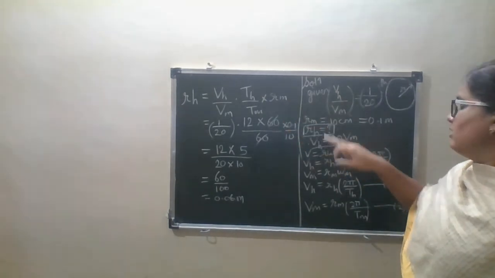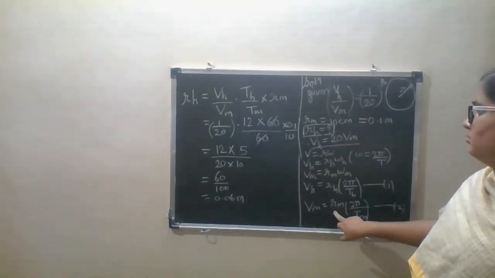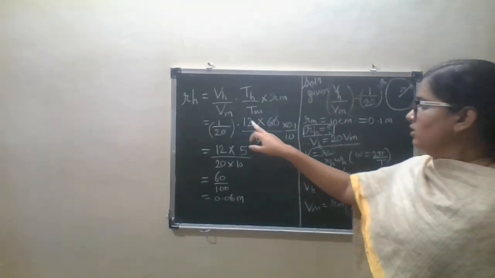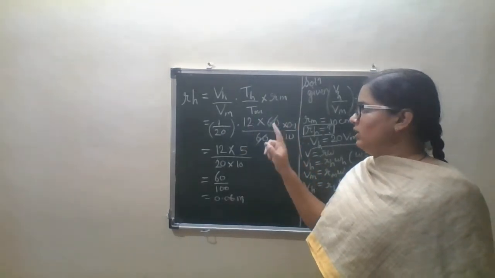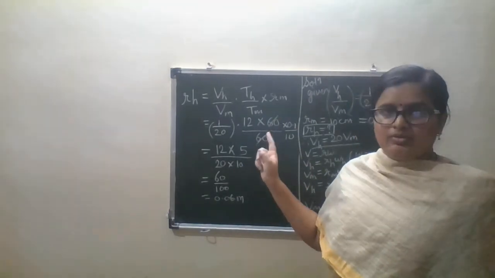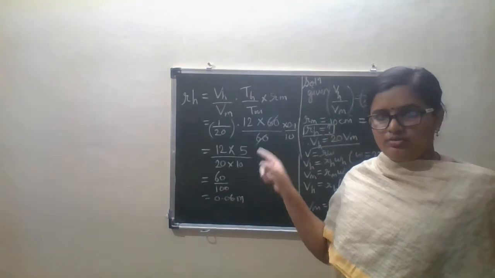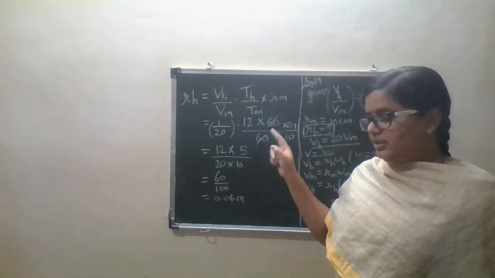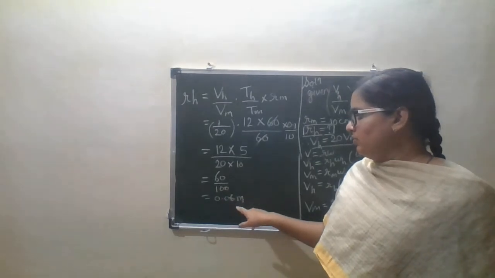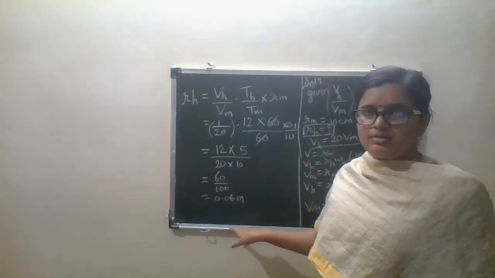To convert one revolution of the hour hand, we take 12, and then 60 divided by 100 will be 0.06 meter.